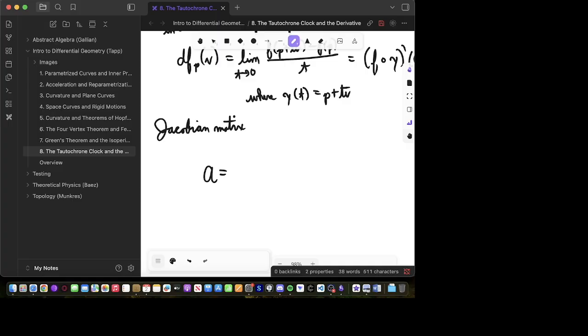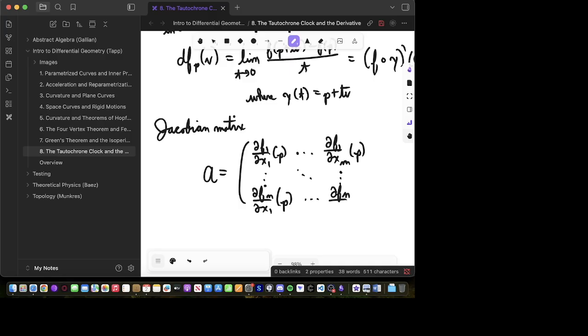So we have the Jacobian matrix is partial f1 over partial x1 of p, dot dot dot, partial f1 over partial xm of p, and so on down to partial fn over partial x1 of p, dot dot dot, partial fn over partial xm of p. And that is the Jacobian matrix, and it is sometimes denoted as df_p.